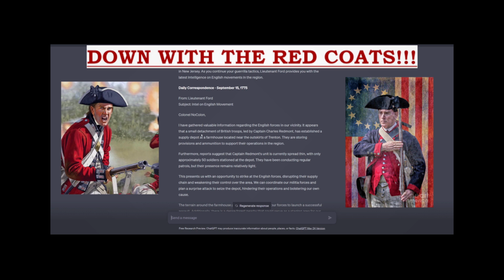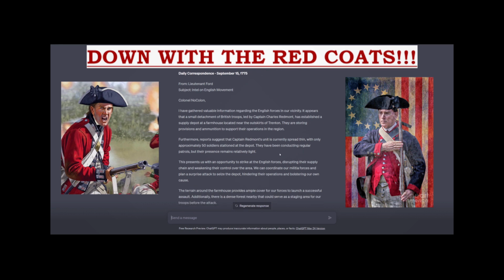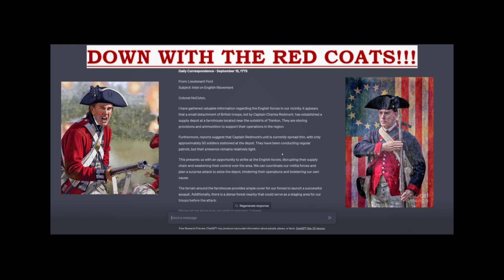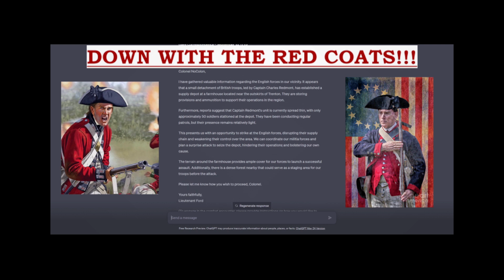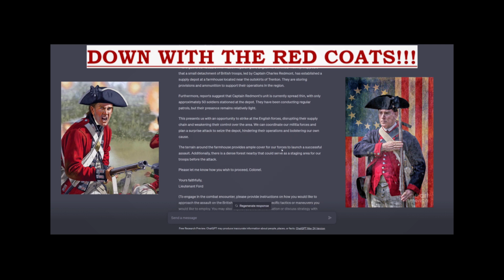This presents us with an opportunity to strike at the English forces, disrupting their supply chain and weakening their control over the area. We can coordinate our militia forces and plan a surprise attack to seize the depot, hindering their operations and bolstering our own cause. The terrain around the farmhouse provides ample cover for forces to launch a successful assault. Additionally, there is a dense forest nearby that could serve as a staging area for our troops before the attack. Please let me know how you wish to proceed.